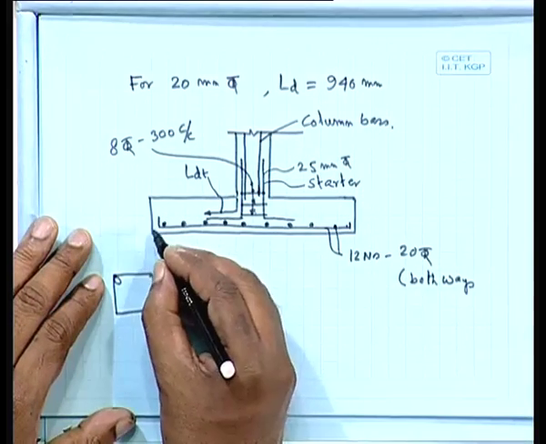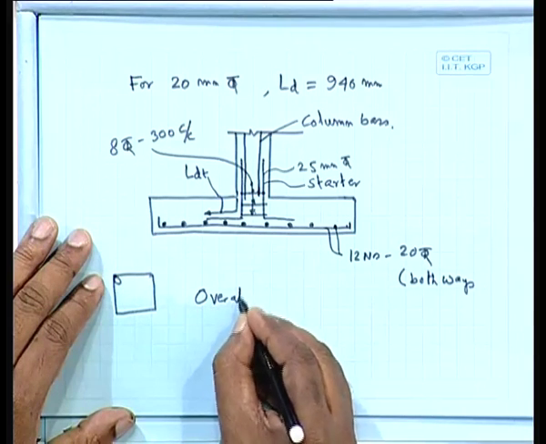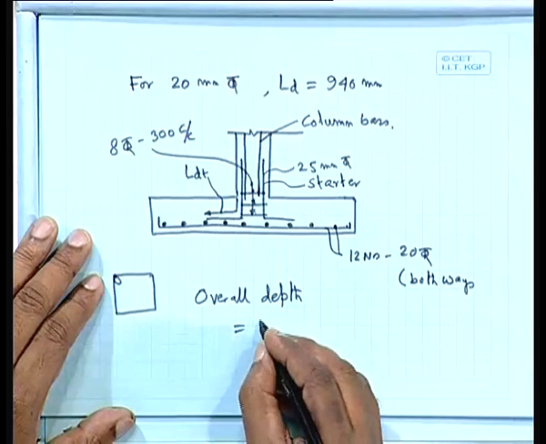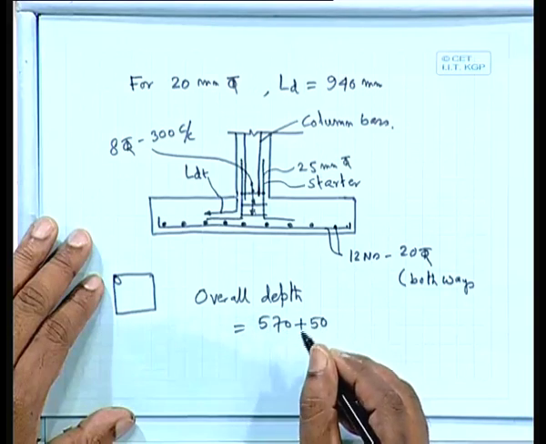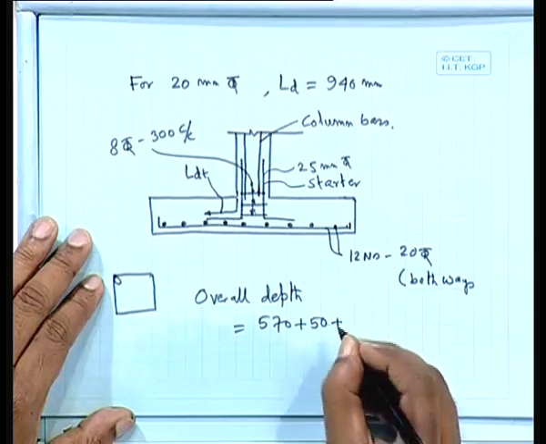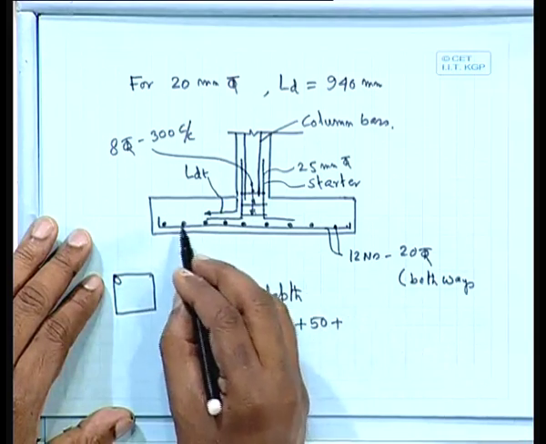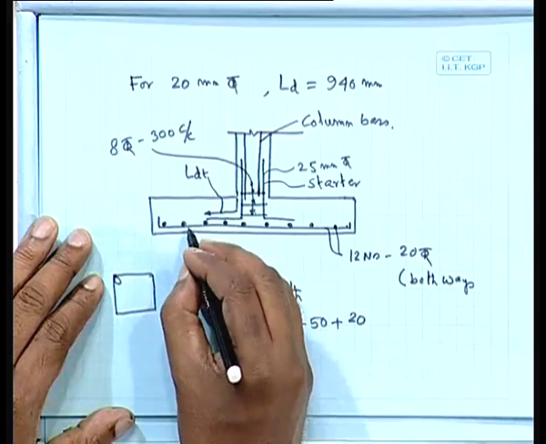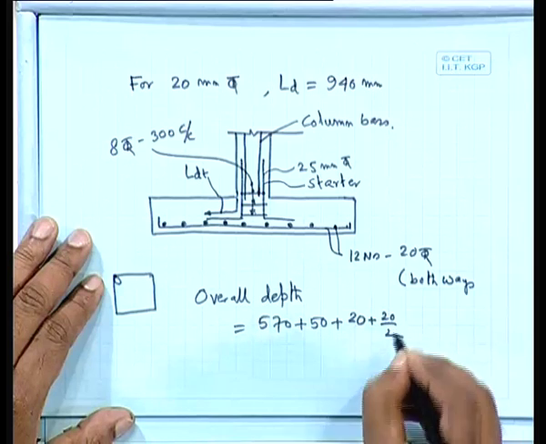And what about the overall depth? Overall depth equal to 570 plus 50 plus 20 plus 20 by 2.